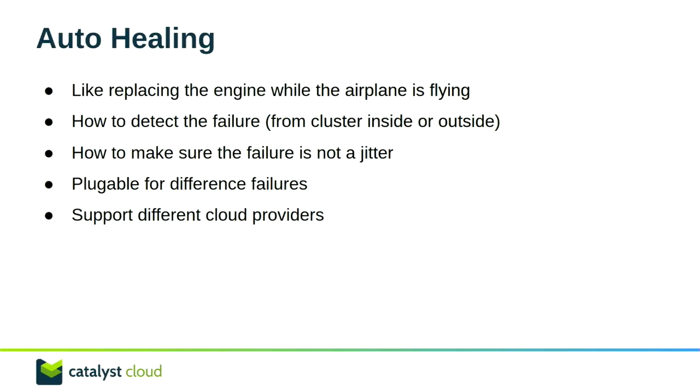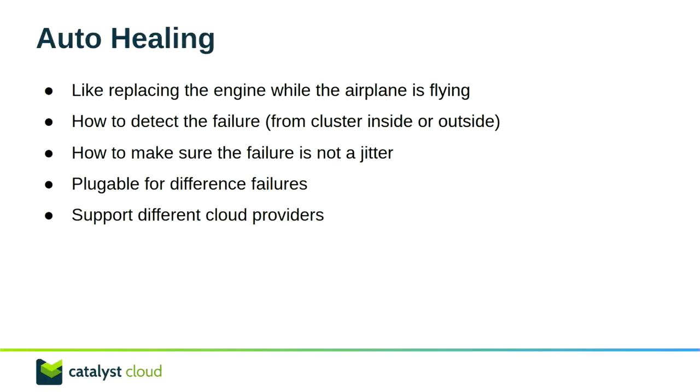So it's from one side to another side. Another thing is how to make sure the failure is not a jitter, but a real failure. So we use a wait time. That means if we find a node condition is not ready, we want to wait 10 minutes or 5 minutes to make sure it's really broken and not just a jitter.